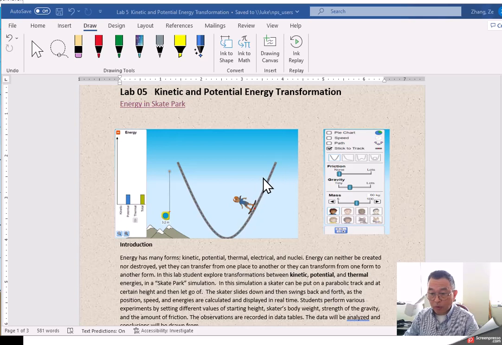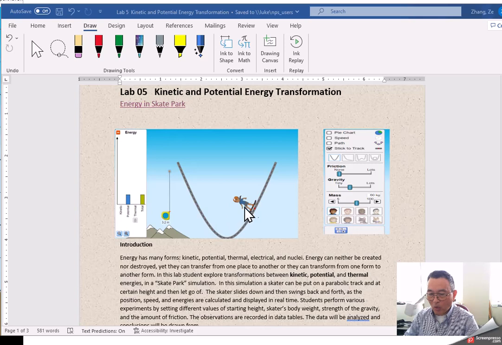If you put it at a certain height, which can be measured with the tape measure provided, and then you let go of the skater, it will swing down, slide up, fall back down again, and swing back and forth like this.